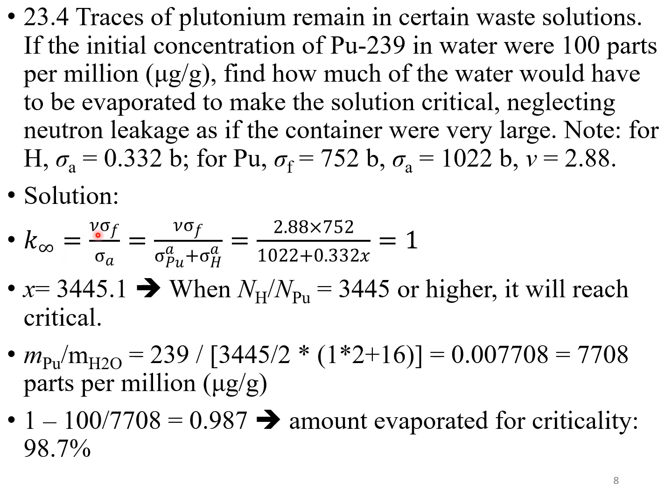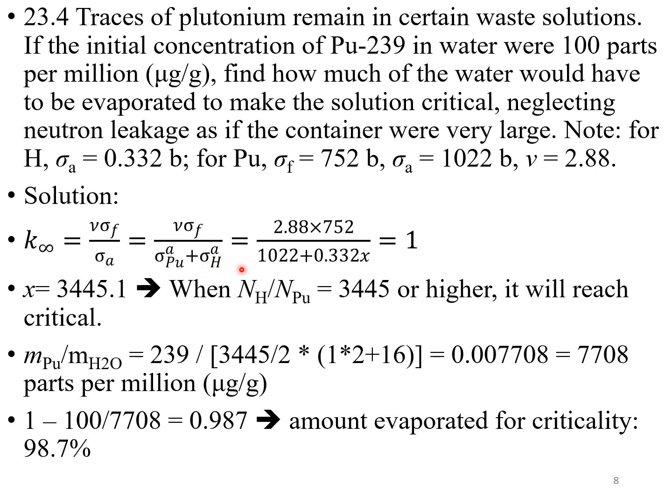For the fission, only the plutonium can do the fission, so in the numerator we have just mu and sigma f for the plutonium. But for the sigma a, we have both plutonium and hydrogen, so we have the absorption cross-section of plutonium plus the absorption cross-section of hydrogen.